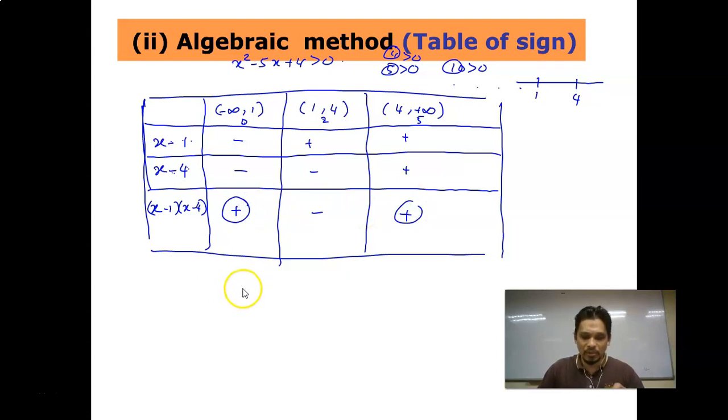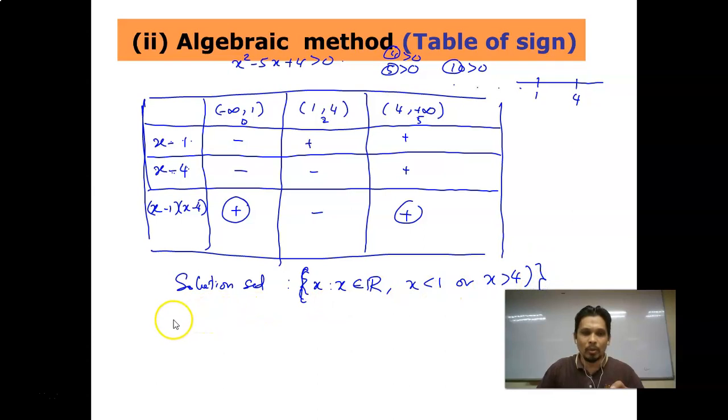And our final solution set here is x, where x is an element of real numbers and x is less than 1 or x greater than 4.